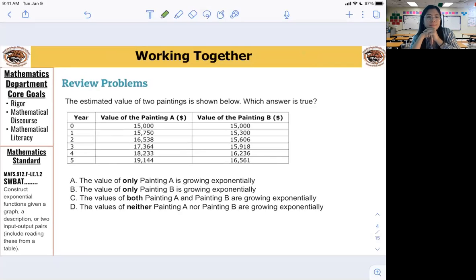What do I do? I have all these numbers. How do I figure out whether it's exponential or maybe linear?